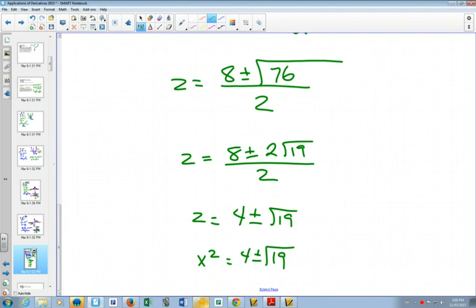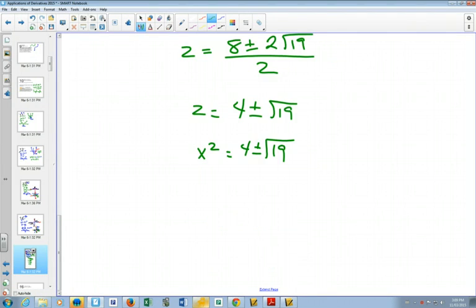And then if you wanted to solve for x, you would have to square root both sides. So when you square root both sides, you have to add a plus or minus. Now, I'm going to write 4 plus or minus root 19 right now, but there's going to be a problem with the 4 minus root 19. And besides the fact that I forgot the root, there's still a problem.